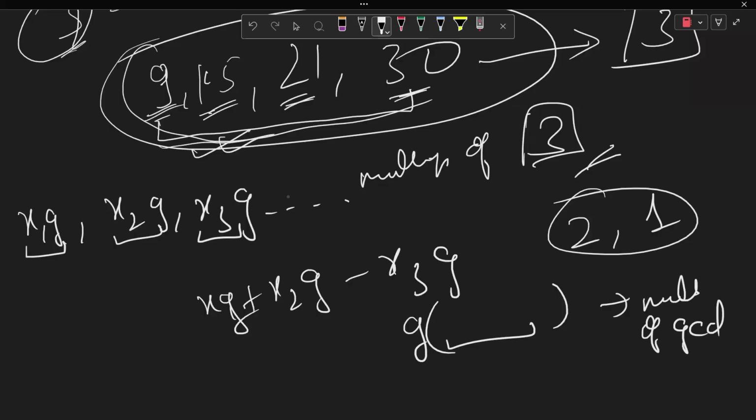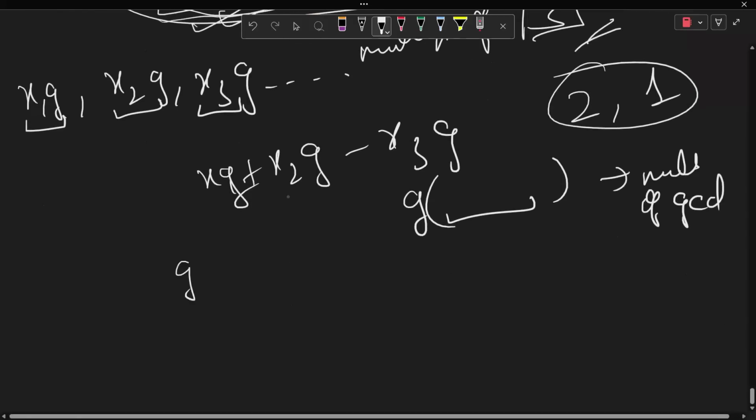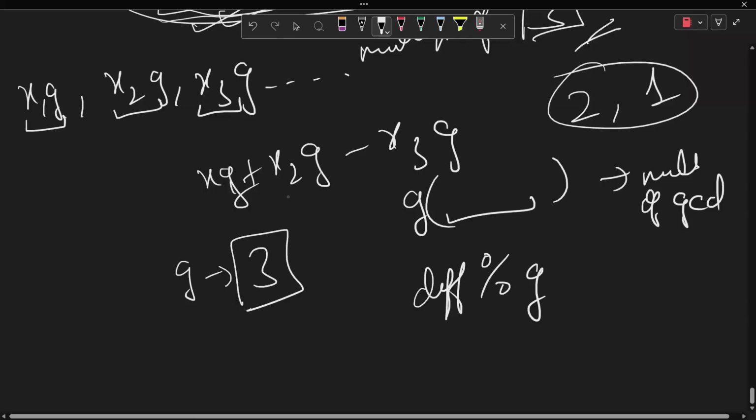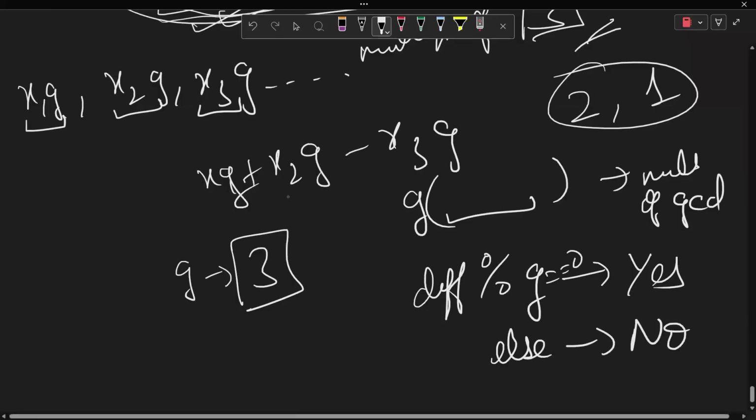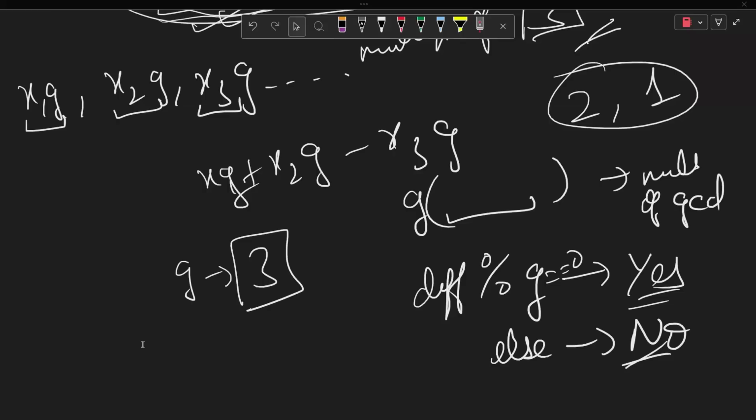And if this GCD is, let's say, 3, it means if your difference is a multiple of this GCD, meaning the remainder is 0, then your answer would be yes, else your answer would be no. Simple. That's what you have to check. Did you get the intuition of what we are trying to say?